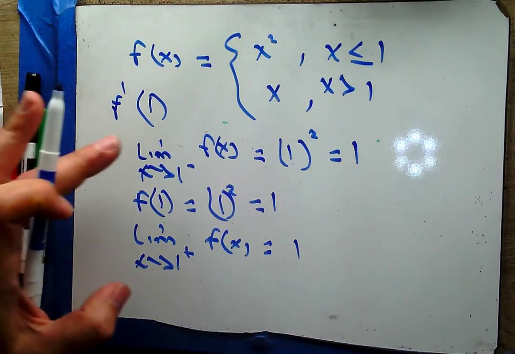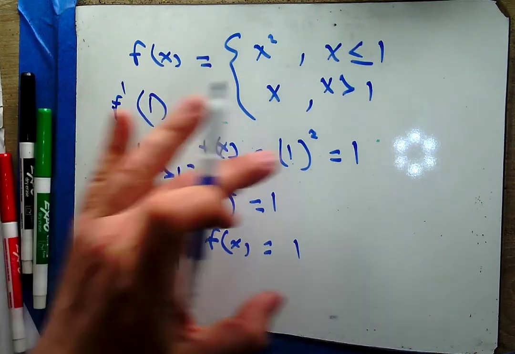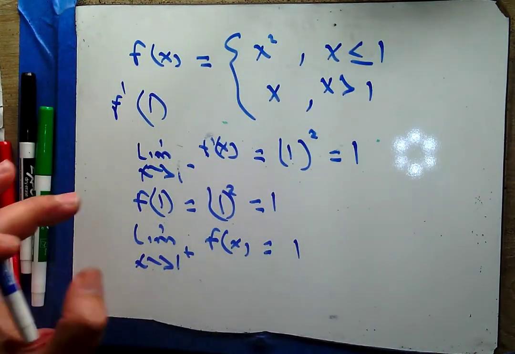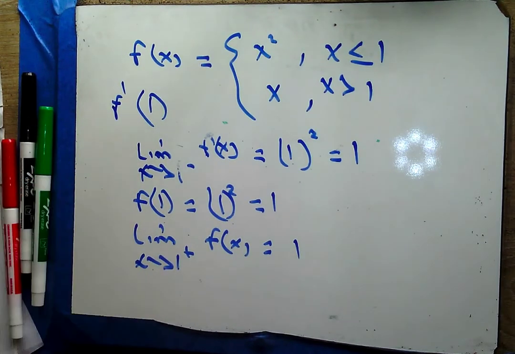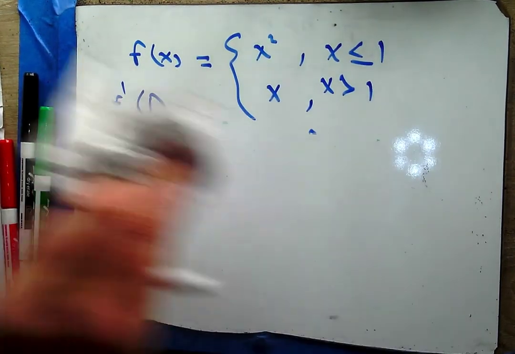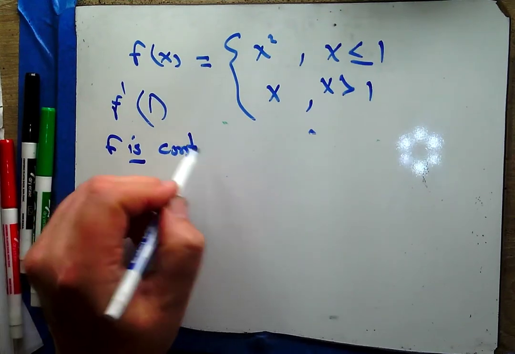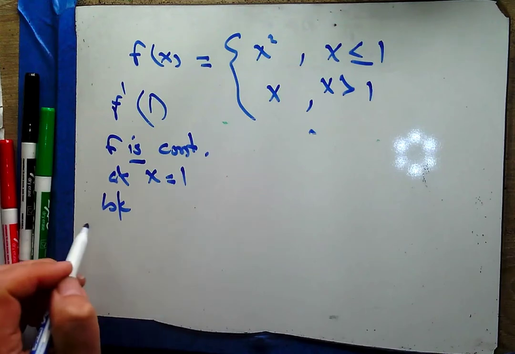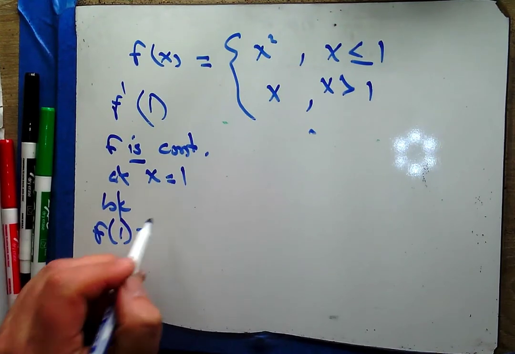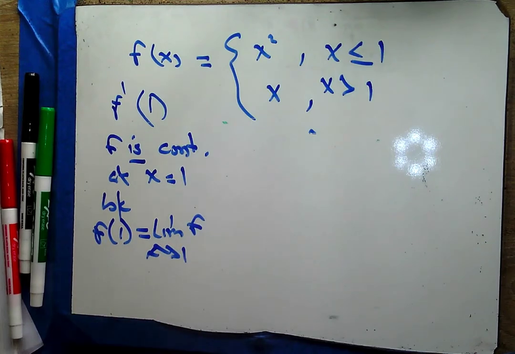And since the limit from both sides of f is equal to 1 at x equal to 1, and that limit is equal to f of 1, we know this function is continuous. So we've got one of our requirements. f is continuous at x equals 1 because f of 1 equals the limit as x approaches 1 of f.